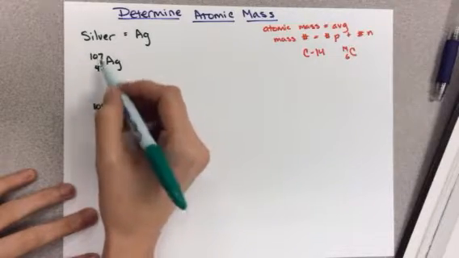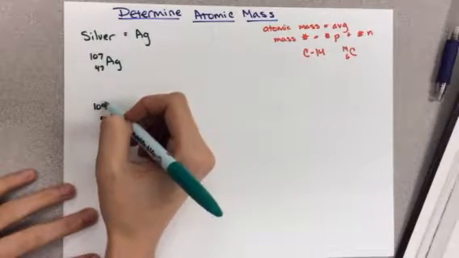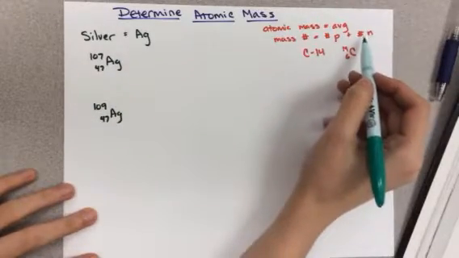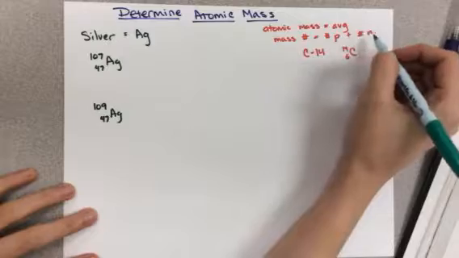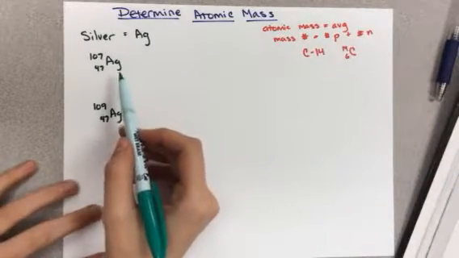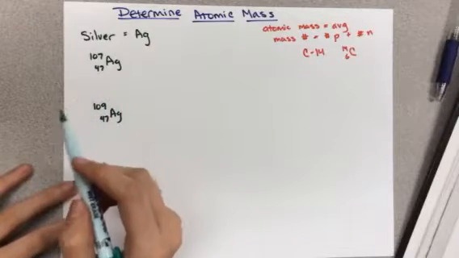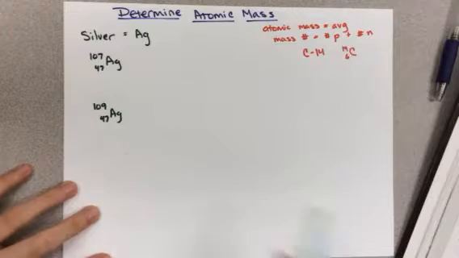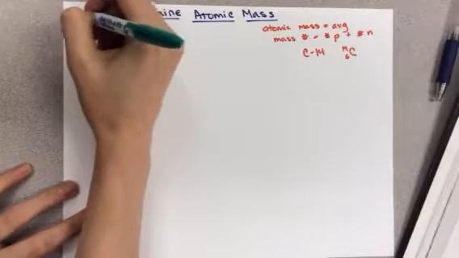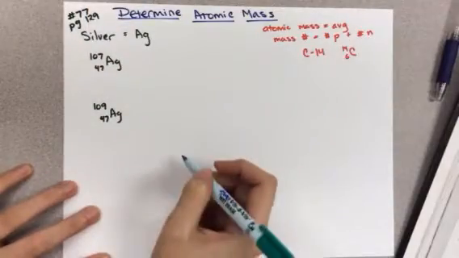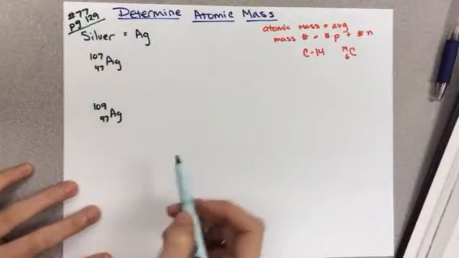The mass number changes, but that's because the number of neutrons has changed, and that is what changes with isotopes. Okay, so in your textbook, we did this problem in class, it's number 77 on page 129 if you want to reference the information again.